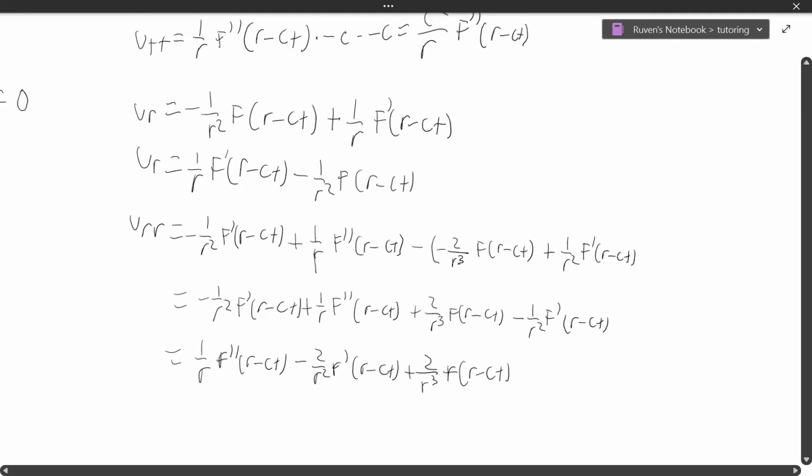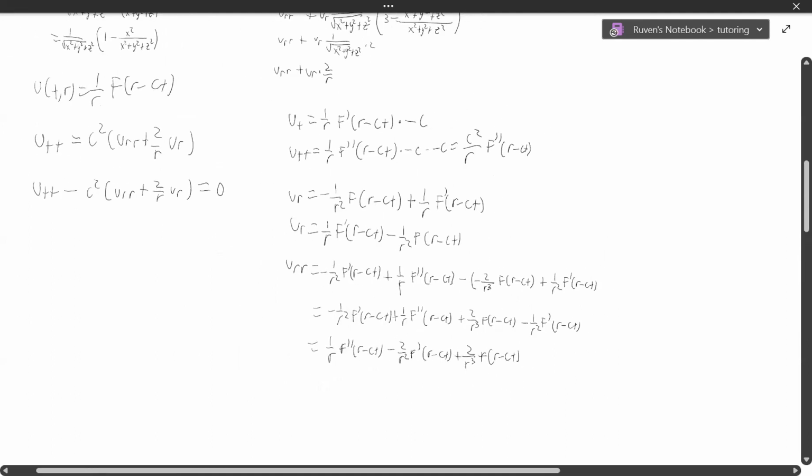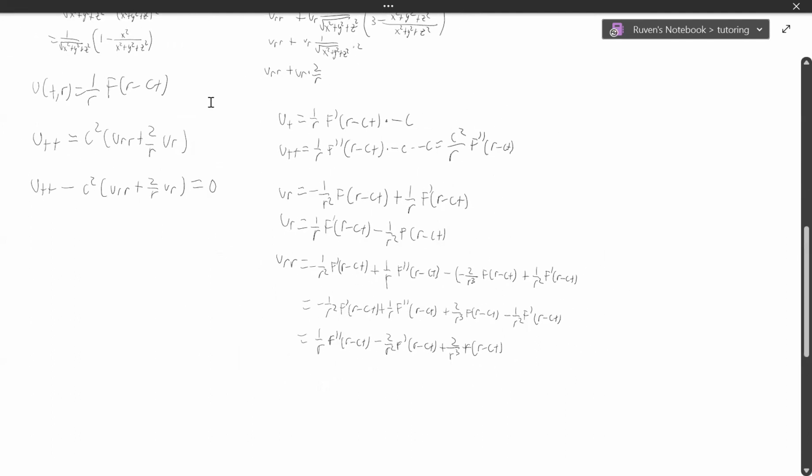Now comes the fun part of plugging it all back in and then suddenly realizing that for some reason something isn't adding up, but then still being happy because you do notice your mistake and it does add up. Let's go. So let's start plugging things in. So u_tt. For u_tt, we are going to get 1 over r times f''.